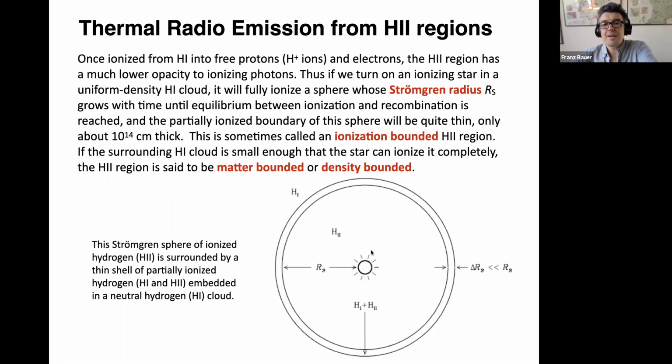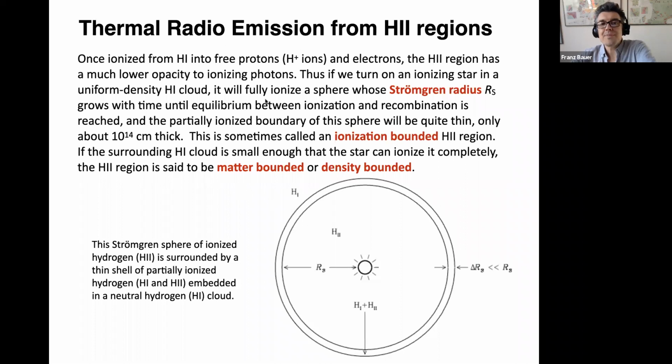And so after some time, once the system comes into equilibrium, there will be a radius inside of which everything remains ionized, and the number of recombinations is equal to the number of ionizations.